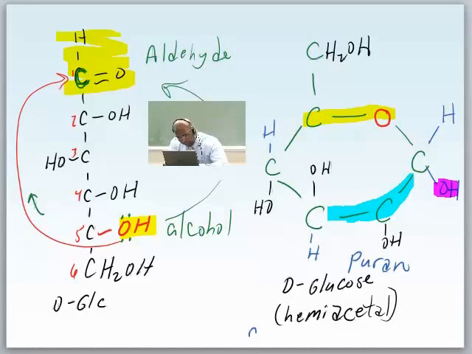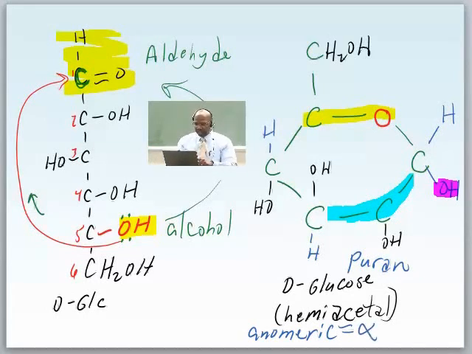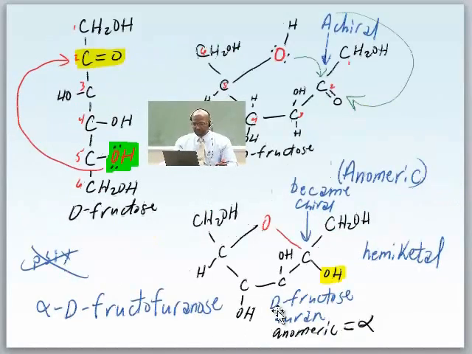The anomeric carbon, is it in the alpha position or the beta position? It's in the alpha position. So it's D-glucose, it's in the pyran form, and the anomeric carbon is alpha. Let's go back to fructose.